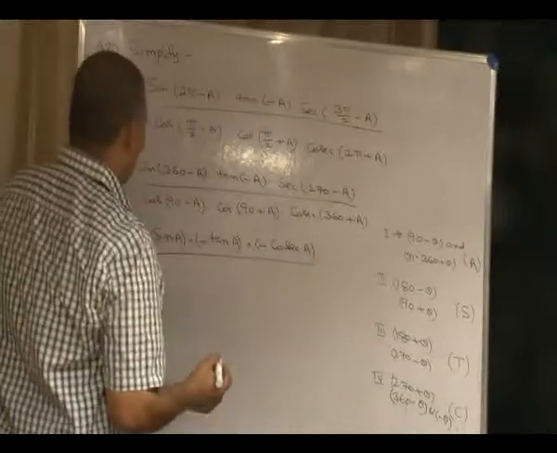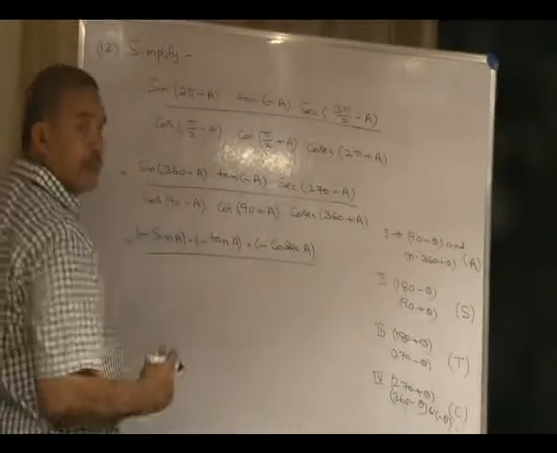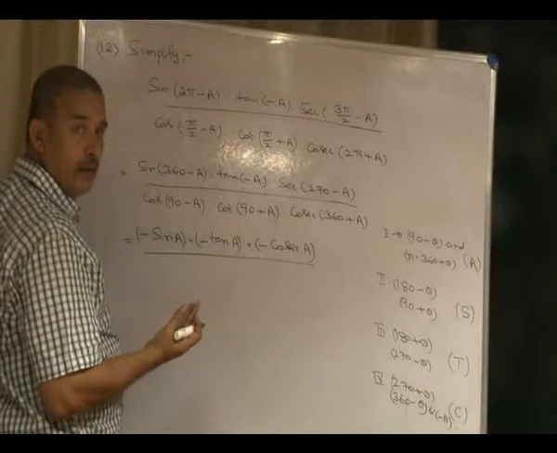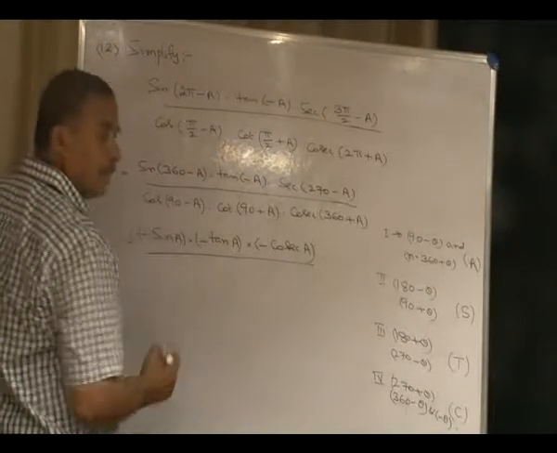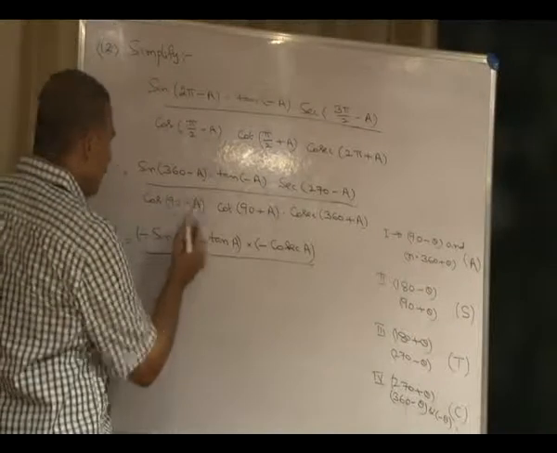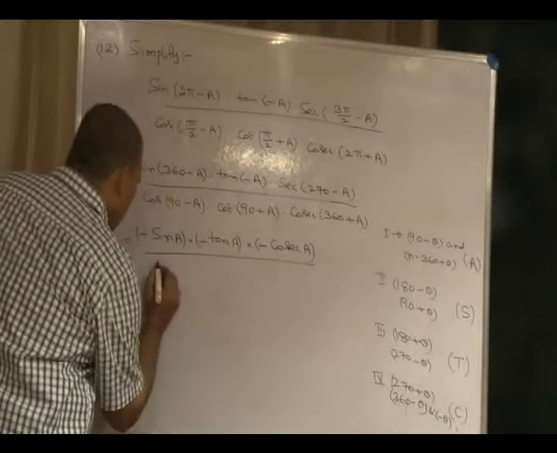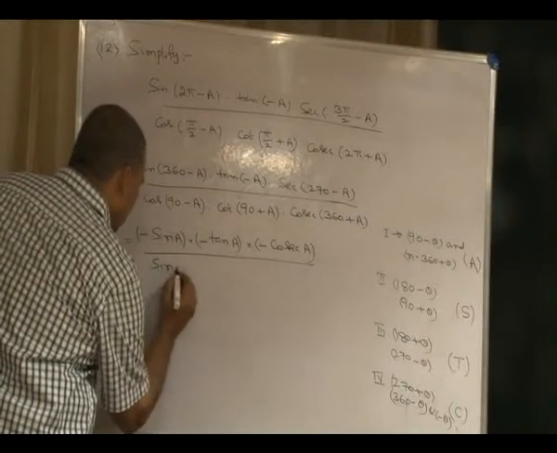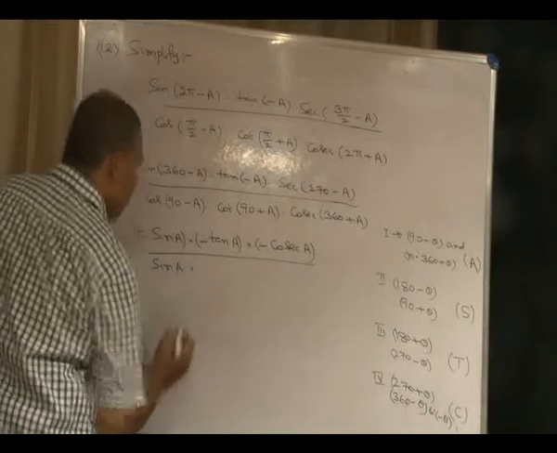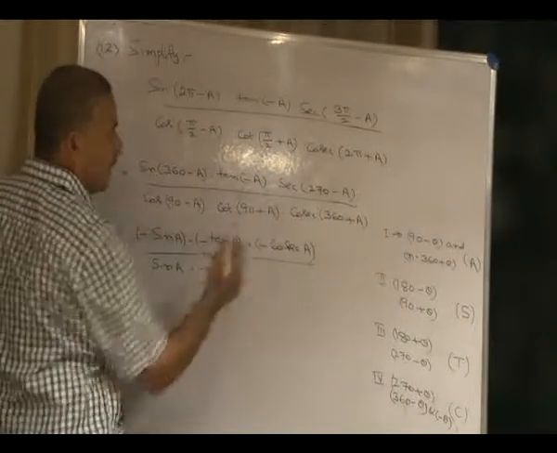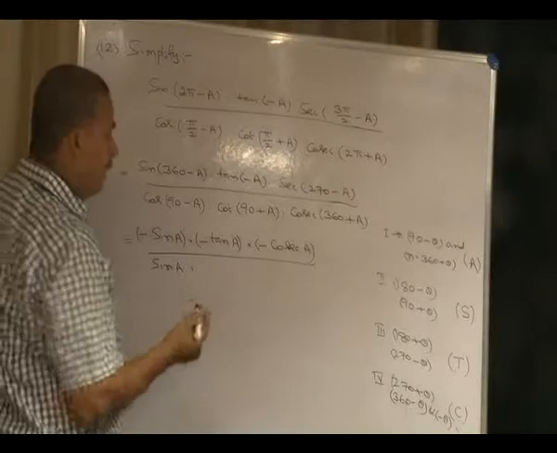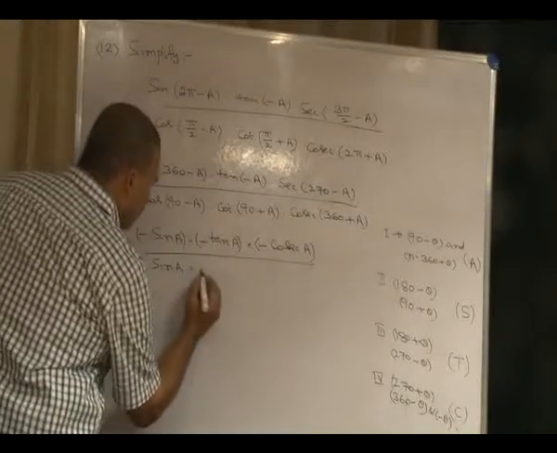The angle 90 minus a comes under the first quadrant. In the first quadrant all the trigonometric functions are positive. In 90 minus a, cos changes to sin, that is sin a. 90 plus a comes under the second quadrant. In the second quadrant cot is negative.